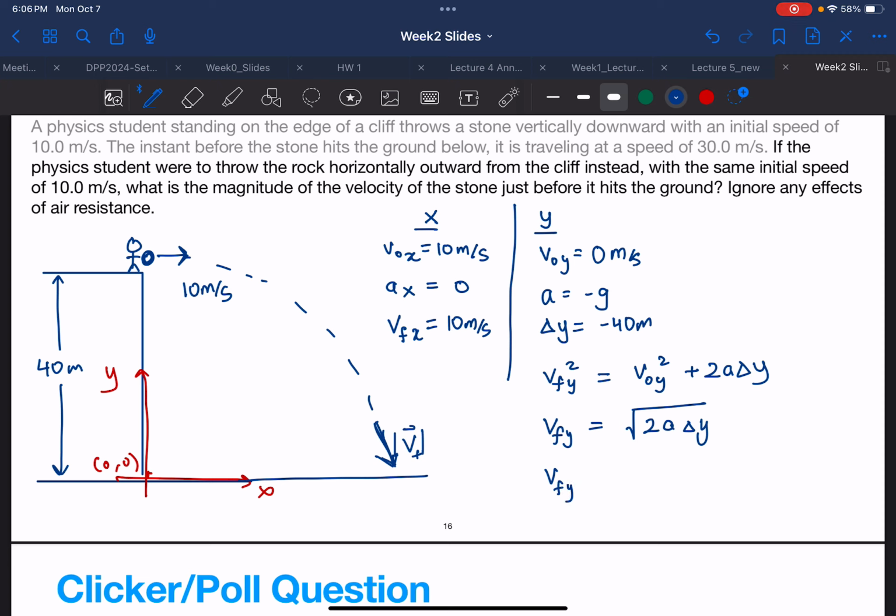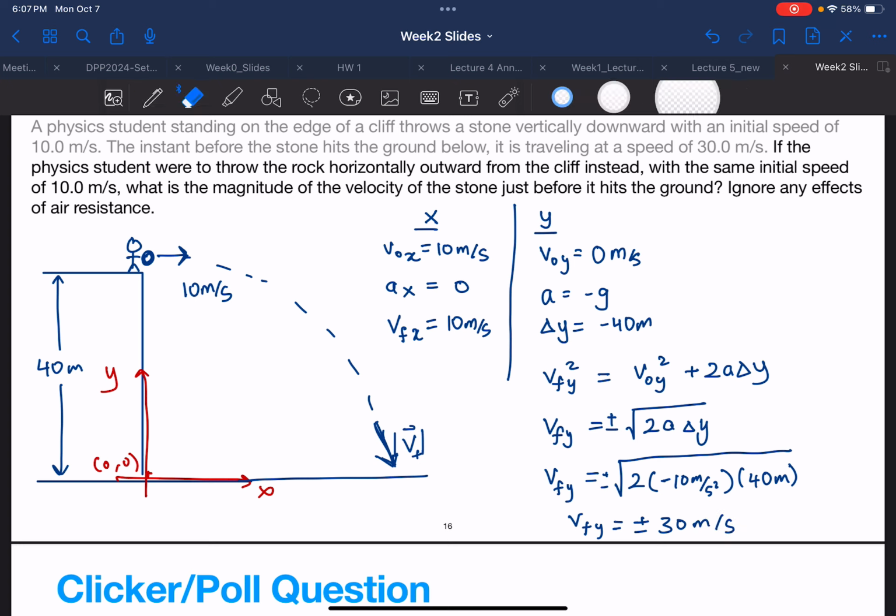V final y is equal to the square root of 2 times, and also we get a plus or minus, because when you square root both sides, you get two possible solutions. So v final y is 2 times negative 10 meters per second squared times delta y, which is negative 40 meters. All right, let's crunch these numbers, and we should get that v final y is plus or minus about 30 meters per second.